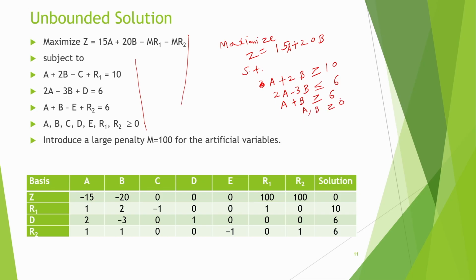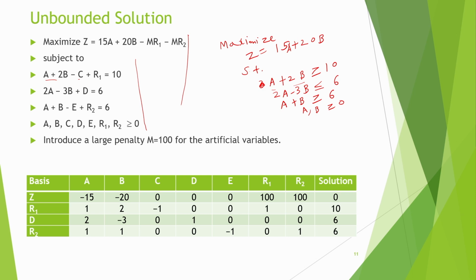Both are positive. So the first one, a plus 2b greater or equal to 10, has to be written as a plus 2b minus c equal to 10, because c becomes a surplus variable. Since it is greater than, some extra thing has to be subtracted, minus c. But then plus r1, I introduce one artificial variable, because wherever we get greater than or equal, I put an artificial variable, that is r1.